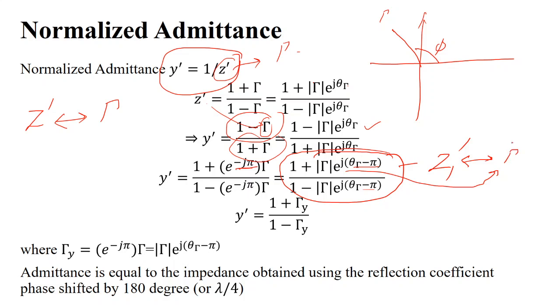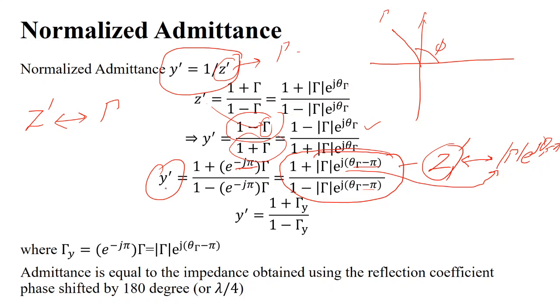So this is e to the power j (phi minus pi). So this is a new complex number. And what do you know? And this value is exactly the same, because this is equal to z dash.